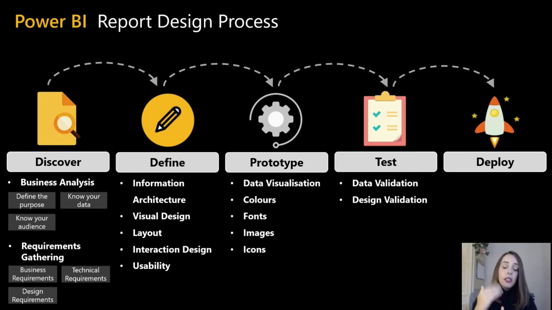So speaking about all the steps that you need to consider in the process, from the discovery phase, you need to do your business analysis, requirements gathering, you need to define the information architecture that you're going to have in your report, visual design, layout, you need to prototype everything, adding your images, icons, your data visualizations. And in the end, test not only the data, but also the design, and of course, deploy your report to the service.